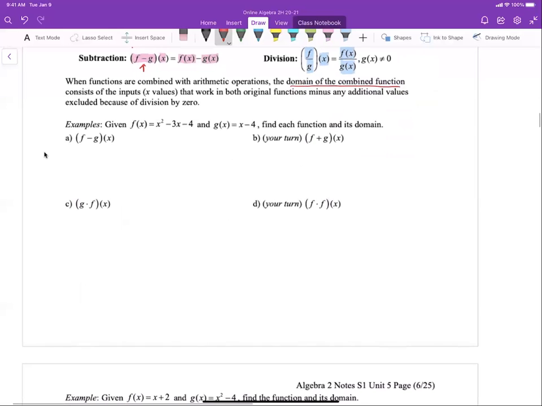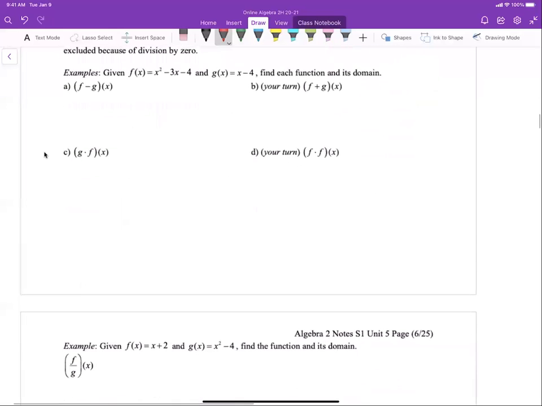Okay. So given that f(x) is that polynomial and g(x) is x − 4, find each function and its domain. So we can rewrite this as f(x) − g(x). Now let's evaluate. f(x) is defined as x² − 3x − 4, and then we are going to subtract from it g(x).